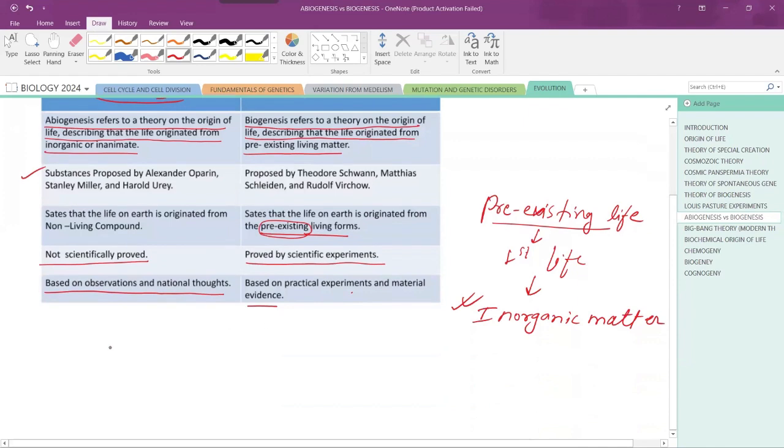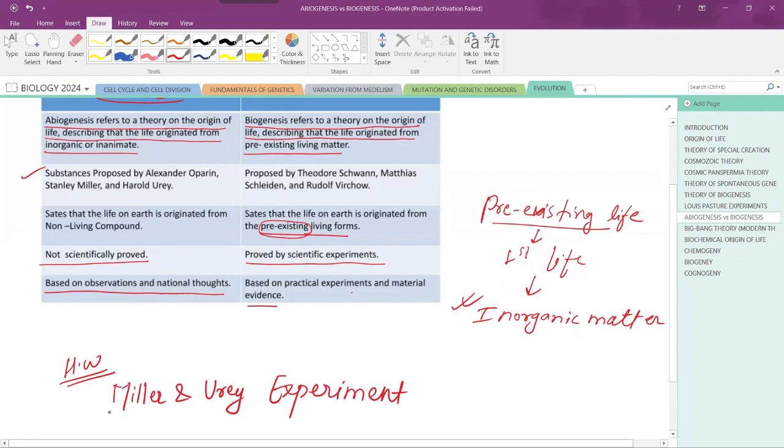Okay, so you also have another homework: you have to study the Miller and Urey experiment.